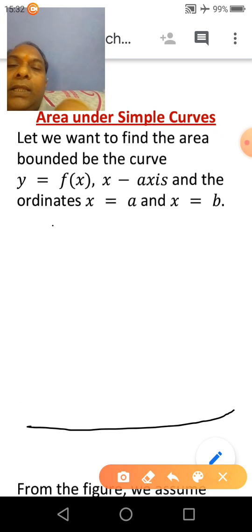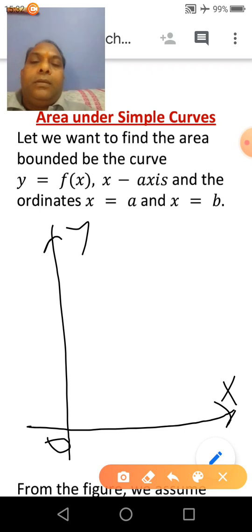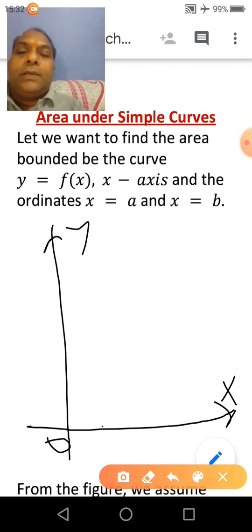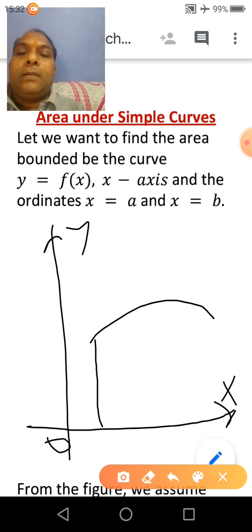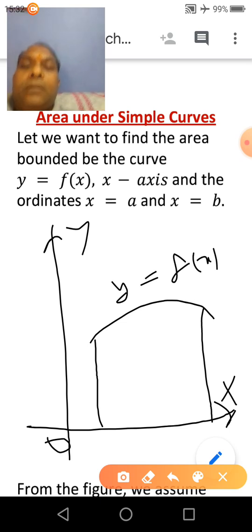So here y is equal to f(x) is the curve, x is equal to a and x is equal to b.